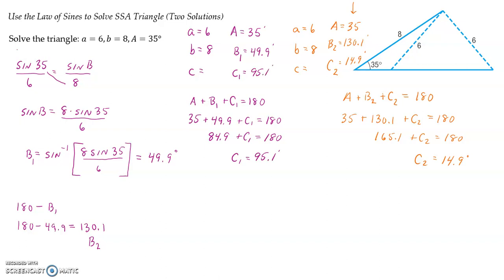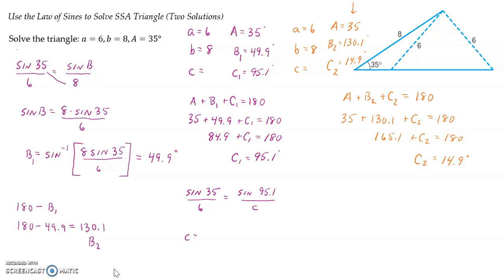Okay, and the only piece we have left is to find side C in each of our triangles. So let's go ahead and work with this first triangle. And let's use law of sines. So we've got sine of 35 over 6 equals sine of 95.1 over our C value.